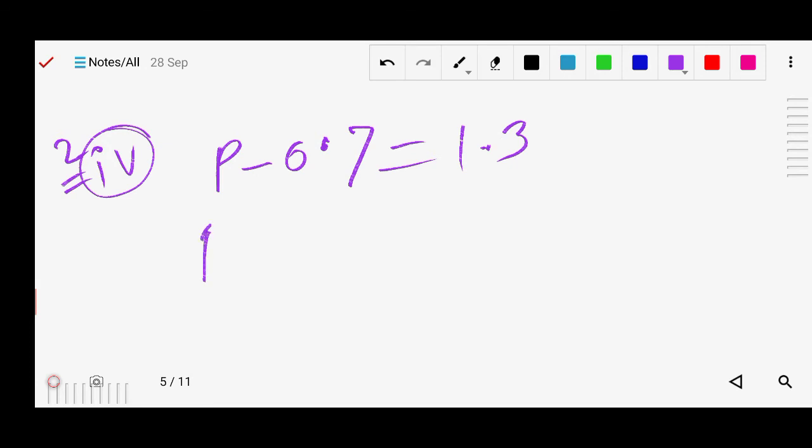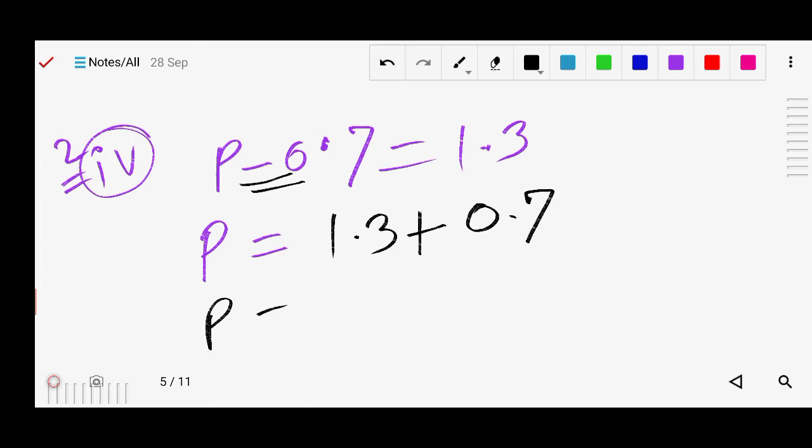Here you can use the same method, just move the term to the other side. So here 1.3, and this 0.7 I will move to the right hand side. Here it is minus, so it will become plus. Now you can easily add 1.3 plus 0.7, you will get 2.0. So p's answer is 2.0, means 2. The value of p is 2.